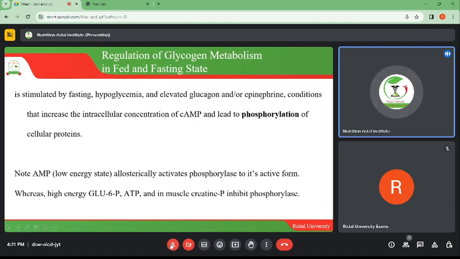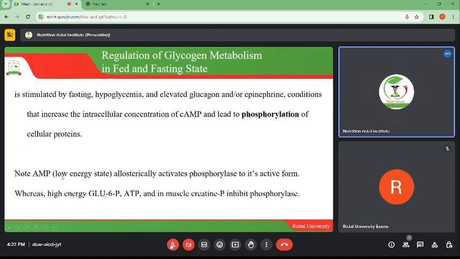We have the hormone epinephrine, so this condition increases phosphorylation of the cellular protein. That process is the addition of a phosphate group. So our phosphorylase enzyme will be able to continue adding inorganic phosphate onto the glycogen chain and form glucose 1-phosphate.